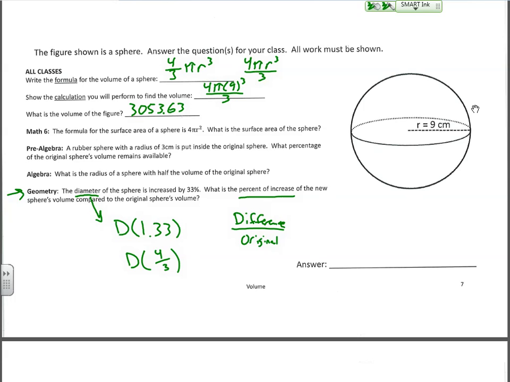You're going to find the volume of each of them, the original one, which we already have here. It's that 3053. So find the volume of your new larger sphere and find the percent of increase, which is the difference of the volumes divided by the original, which, remember, is the volume before any increasing, that 3053. Okay? And that is how you get the answer to that one.